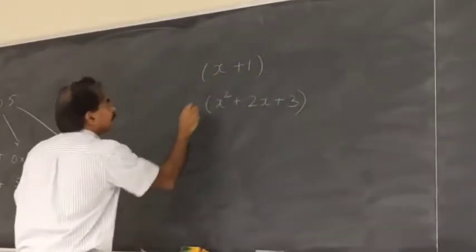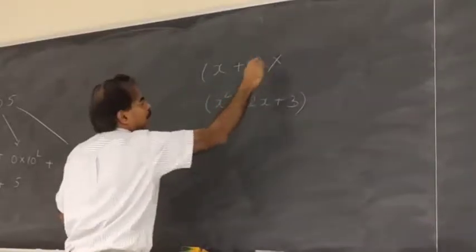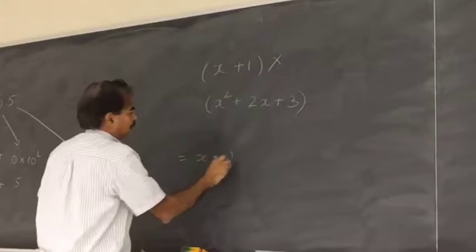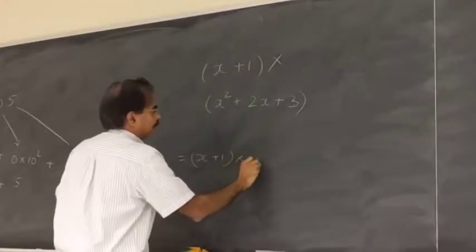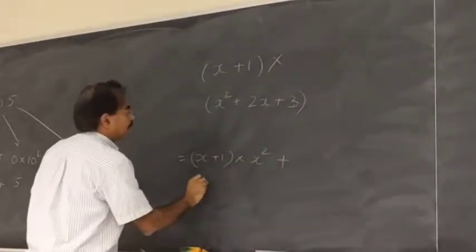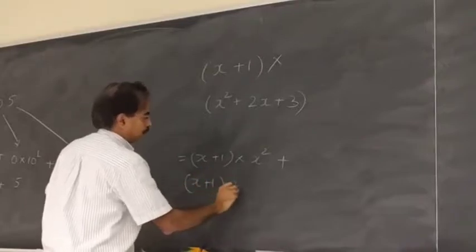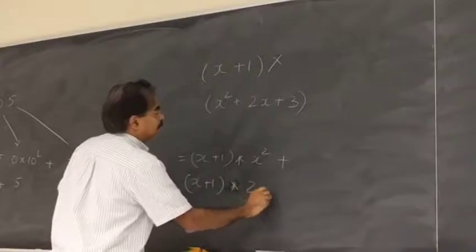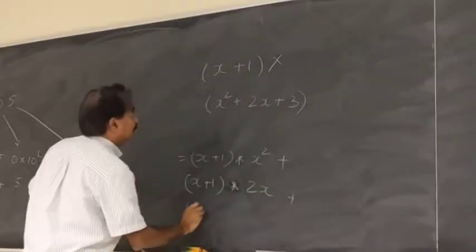So you get 3x plus 1, so that will be 3x times x plus 1, times x squared plus x plus 1 times 2x, plus 2x plus x plus 1 times 3.